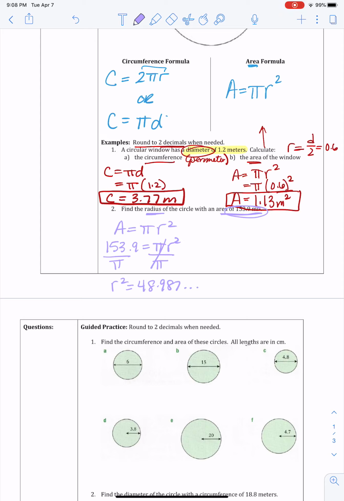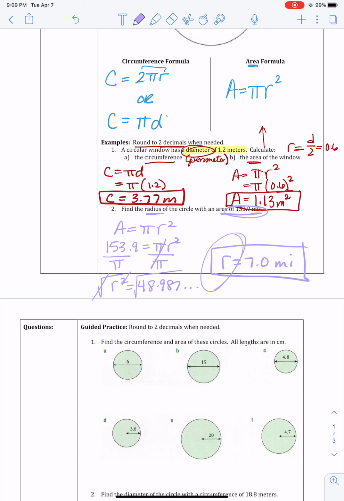Have to take the square root to get rid of the square so that I get r equals 7.0 miles. This is a radius, not an area, so we don't want to have any square units for this problem.